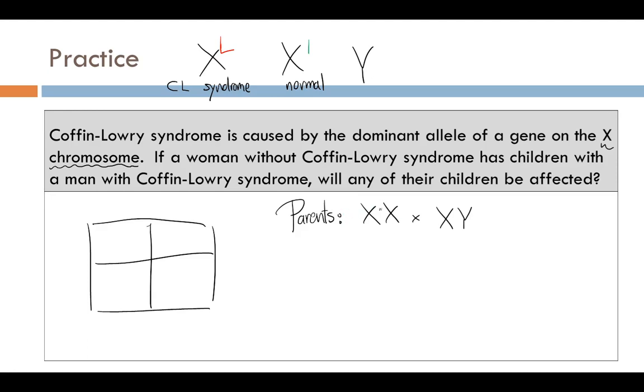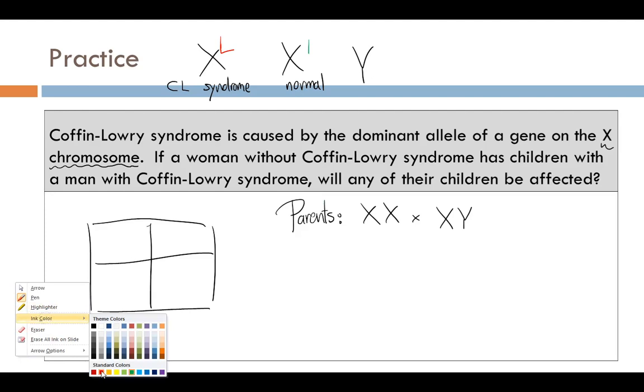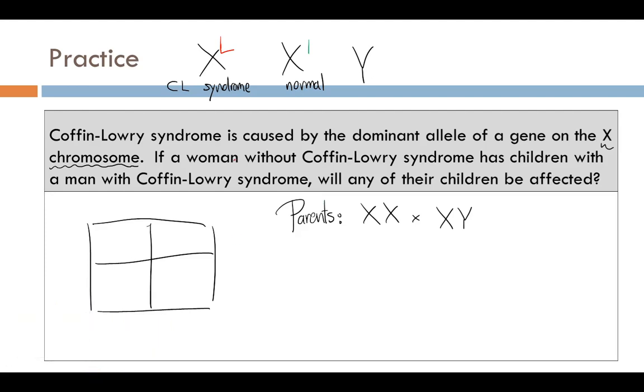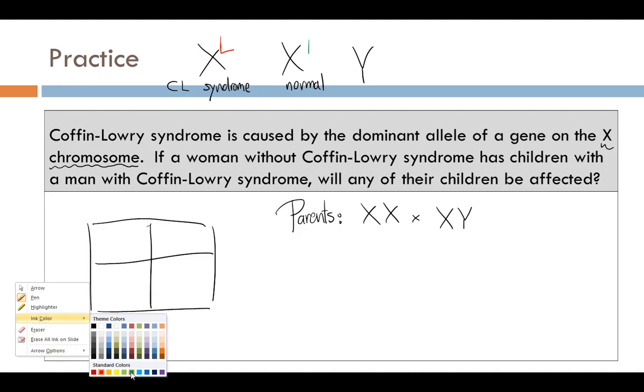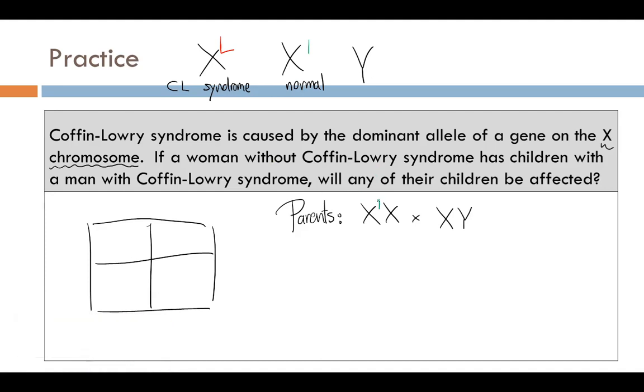So we know one of them is going to be female, one of them is going to be male, so we can do that right away. Then all we do is we map our alleles on. So the question tells us that the woman does not have Coffin-Lowry syndrome, so that means she must have two recessive normal alleles, otherwise she would be affected by this syndrome, wouldn't she?